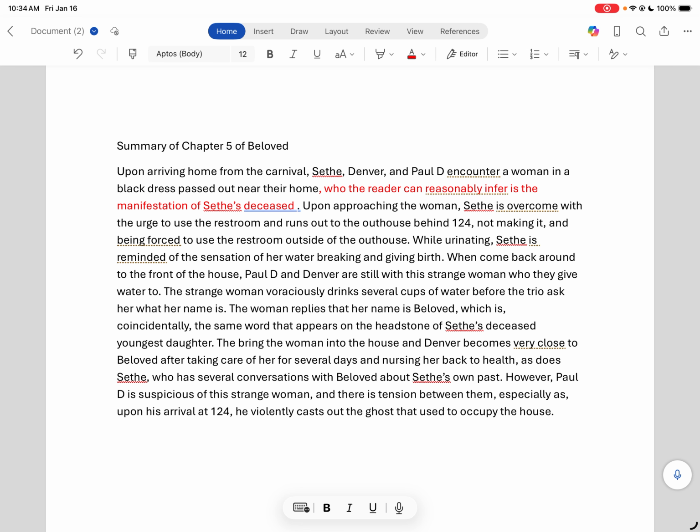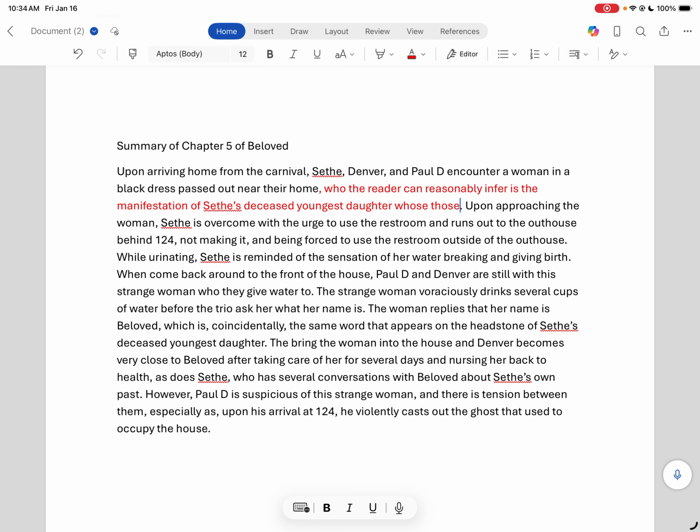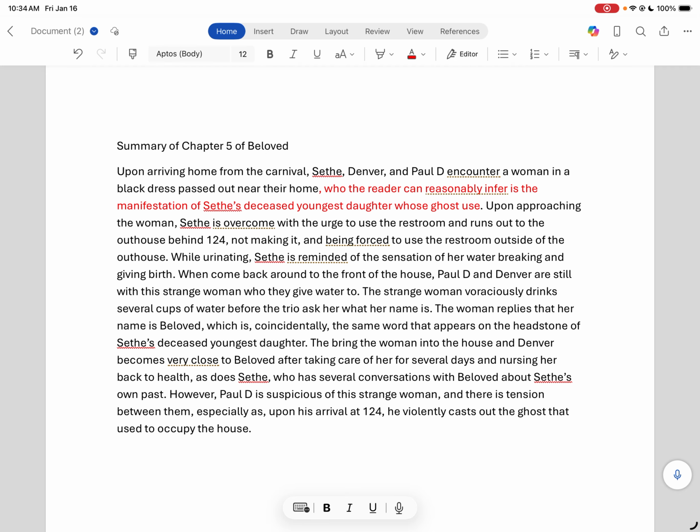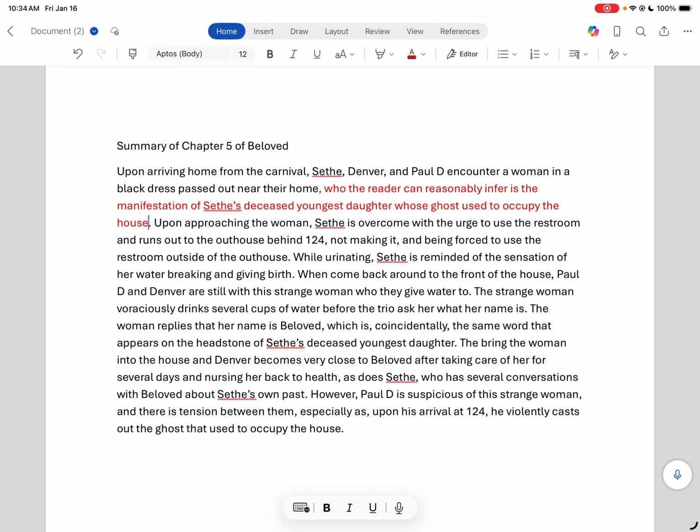No, Beloved would have been the deceased youngest daughter, whose ghost used to occupy the house. The reason I'm saying that is because of the information that I'm going to come across a little bit later, and also some bits in this summary that I can put together, I'm pretty sure.